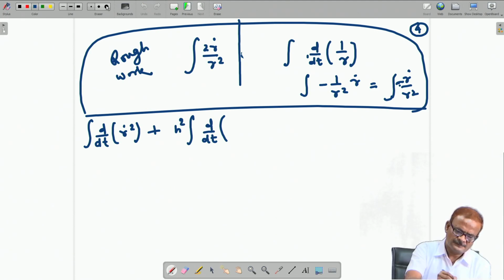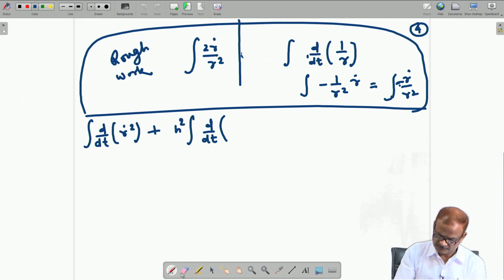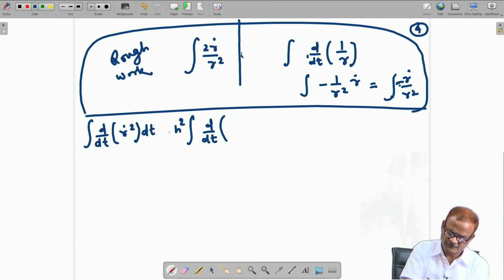So, on the next page we have: remove this sign first, and integrate with respect to dt.